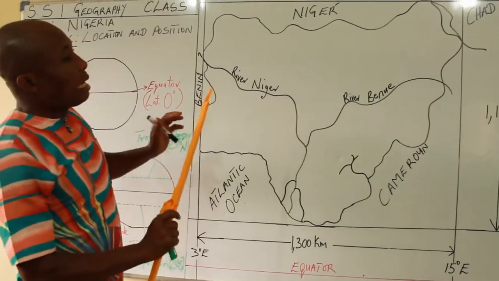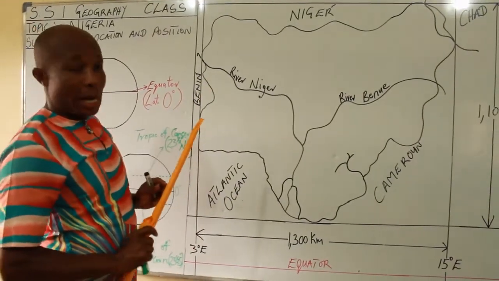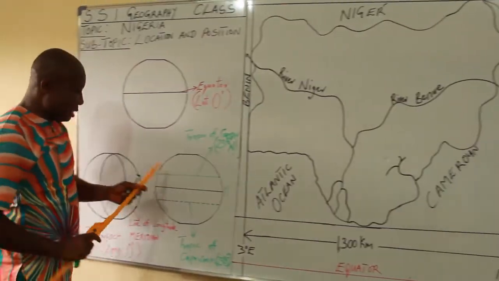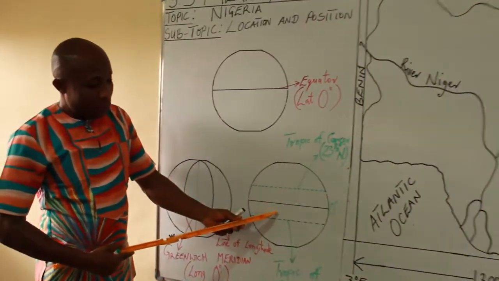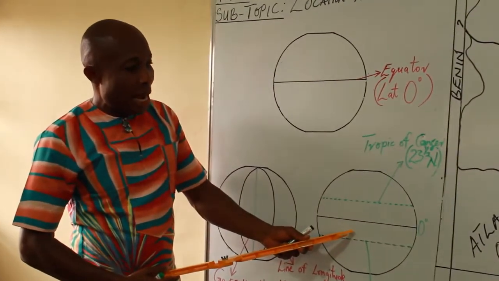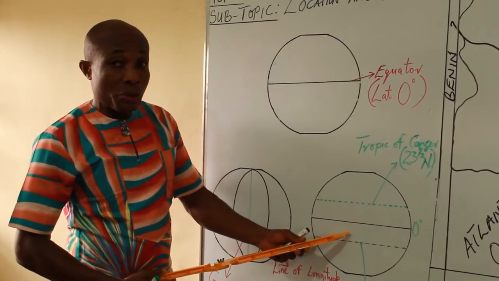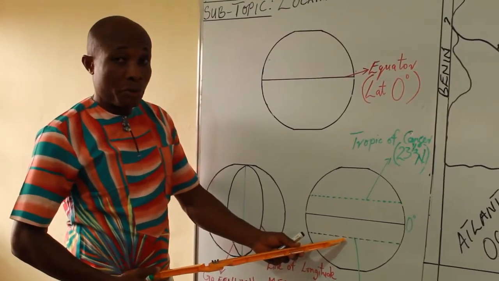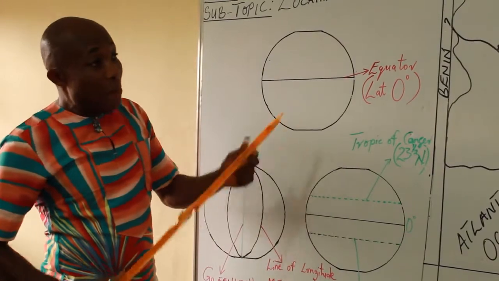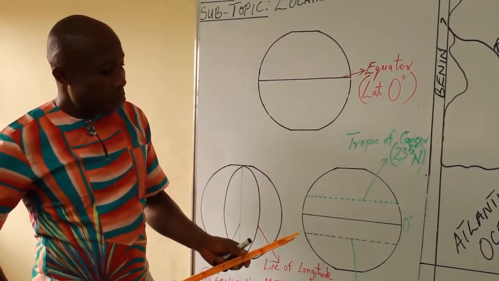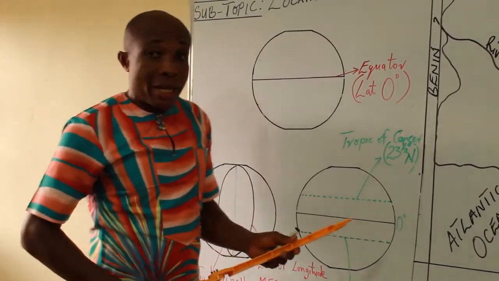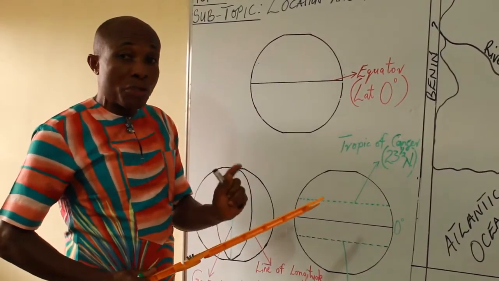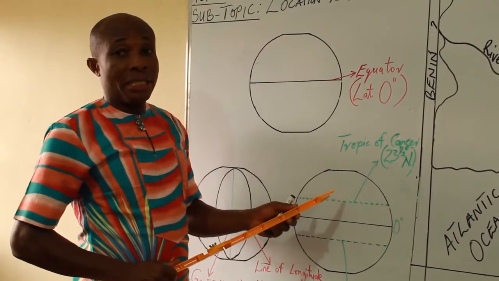Okay, when you look at the country Nigeria, trying to determine its position, this is the equator and other lines of latitude, the Tropic of Cancer and the Tropic of Capricorn. Nigeria, based on its position, is located within 4 degrees above the equator and 14 degrees.